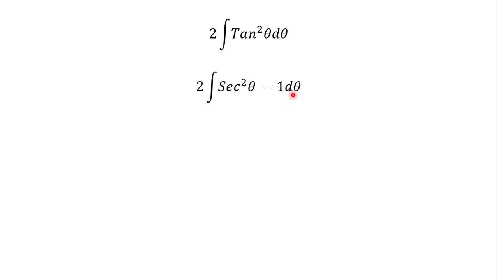If the derivative of that variable is, let's say, m, it will give you m. So here it is theta. Okay, good. So the answer to this one is just tan theta minus theta.